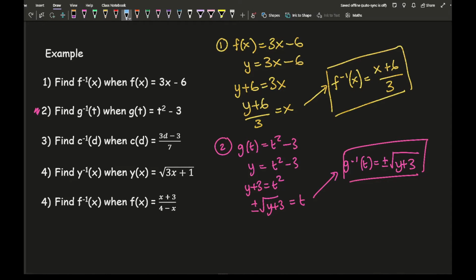Then looking at question 3, again I write down the function, so I've got c of d equals (3d minus 3) over 7, replacing the c of d with y.